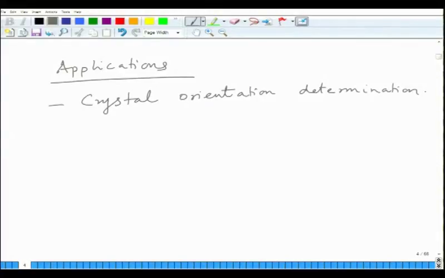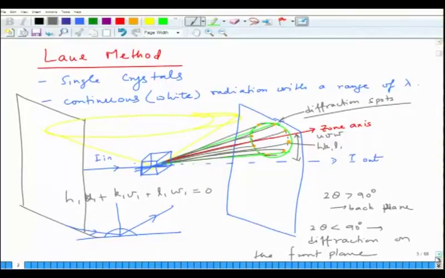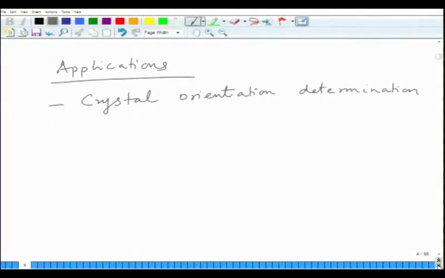If you want to get into details of it, I would suggest that you go through Elements of X-ray Diffraction by B.D. Cullity. It's a very good book for beginners. So it's useful for crystal orientation determination.